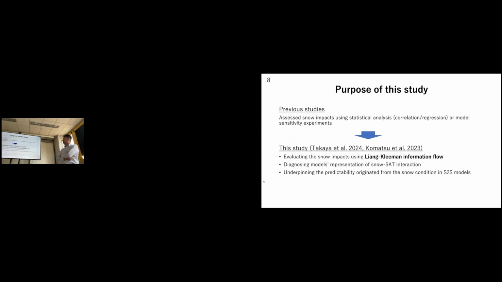So in this study, we take a different approach for evaluating this. I will shortly introduce the new technique, the near-neighbour information flow. Using this technique, we don't need the model simulation, and we can compare the results with the observation and models.